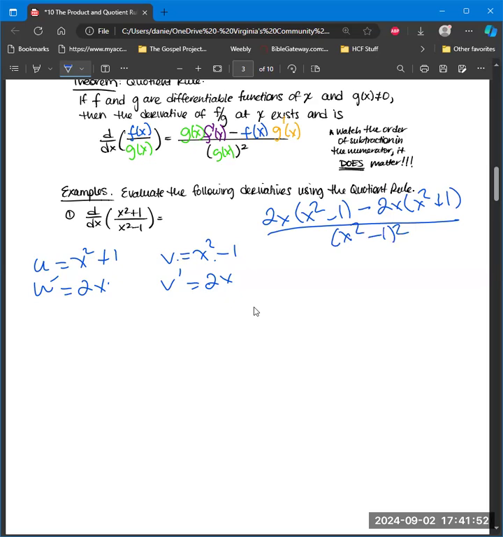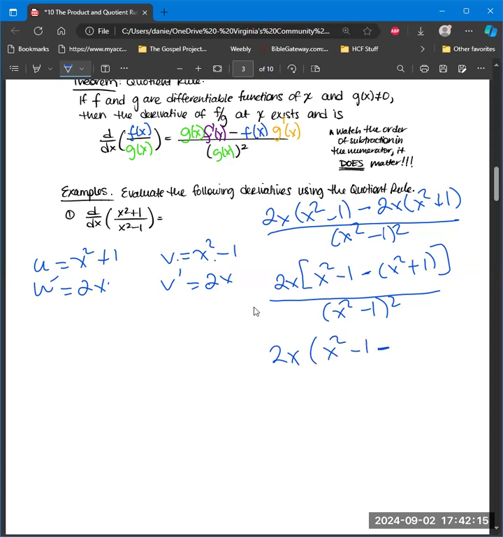And then let's factor. So we have 2x as a common factor: x squared minus 1 minus x squared plus 1, like that. And this is over x squared minus 1 quantity squared, which is 2x times x squared minus 1 minus x squared minus 1 over x squared minus 1 quantity squared.